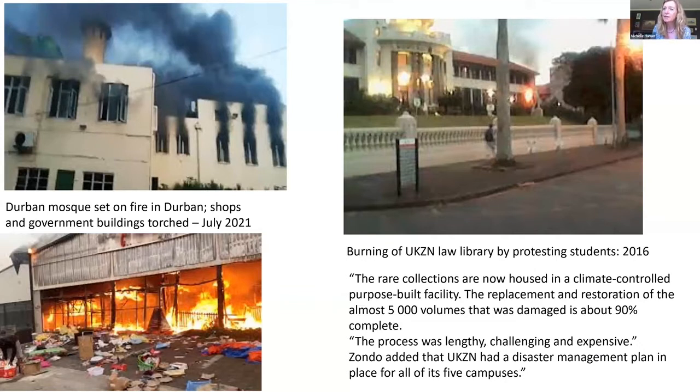At UKZN, they burned the law library, and lots of documents were either burned or impacted by the water from putting the fires out. The protests, or whatever you want to call them, that happened in July in Gauteng last year. We were very lucky that those came close to a couple of our institutions.